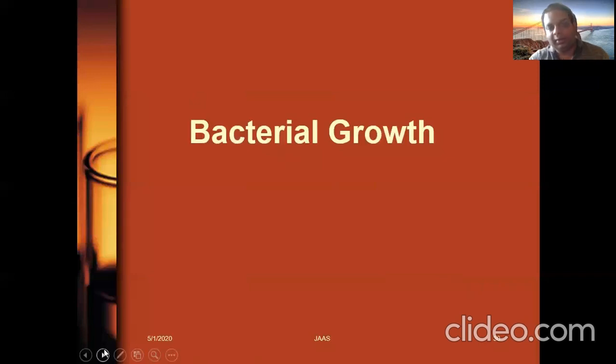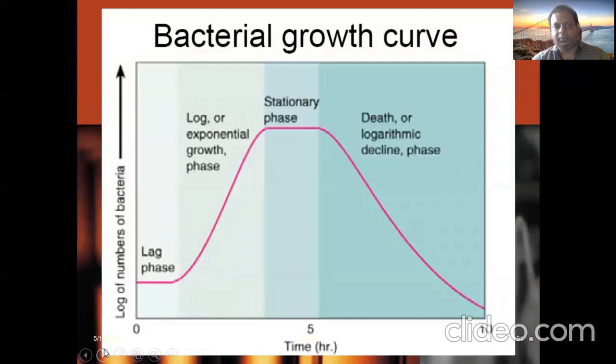A bit about bacterial growth. I think now you are familiar with this stuff because you all answered the assignment well. So, a bit about the bacterial growth curve. We have to know about these axes, x and y. X is time, and Y is the log number of bacteria, the number of bacteria in log terms.